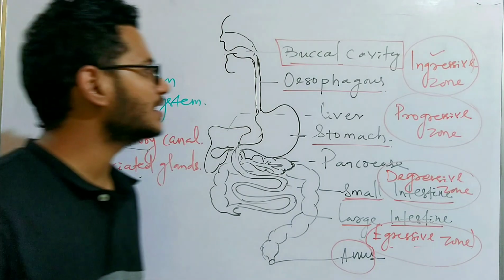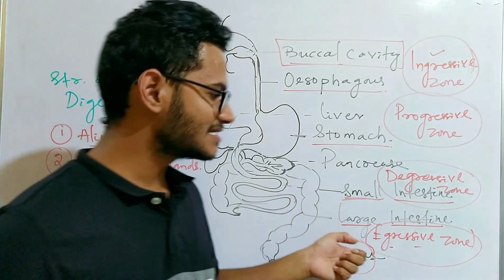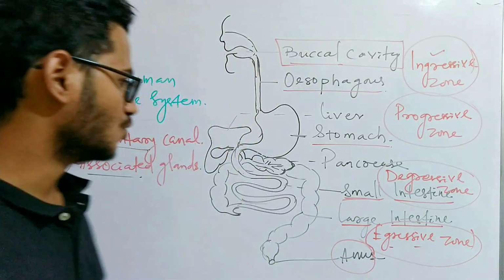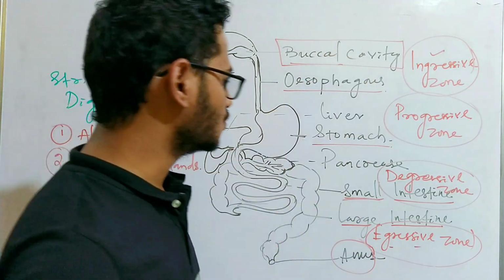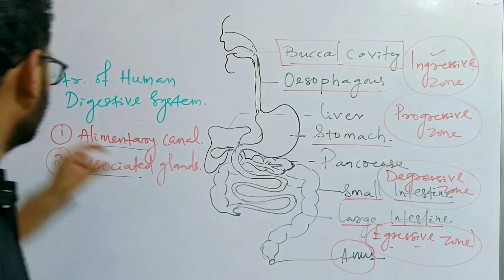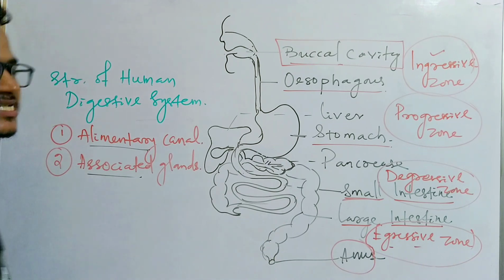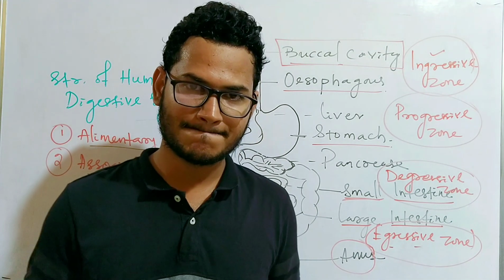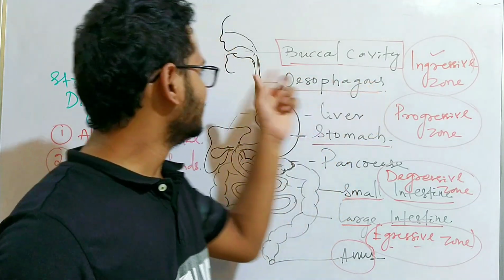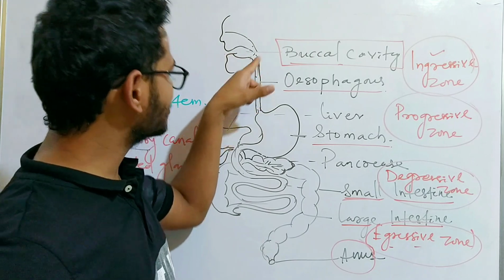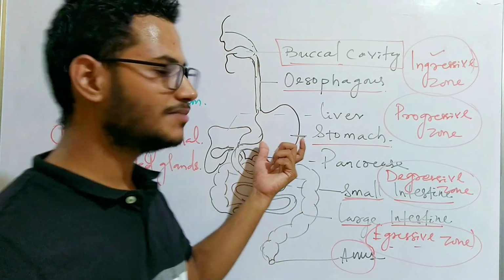So these are the 4 important zones: ingressive, progressive, digressive and egressive zone. And remember, these 4 zones are present in the alimentary canal, the very important part of the digestive system of human. Once food enters through the mouth, it passes through the buccal cavity and esophagus to reach the stomach.